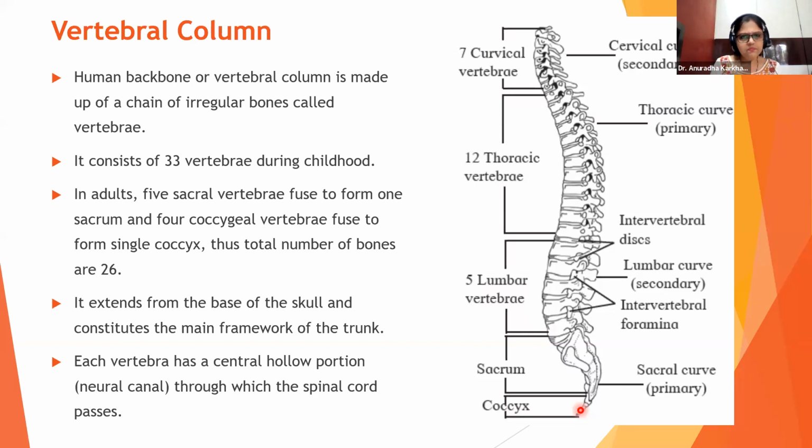Okay? Clear? Thoracic vertebrae. Above that, the neck region is cervical vertebrae. Below that, where the ribs end, the part below is 5 lumbar vertebrae. Then we have 5 sacral vertebrae fused together to form 1 sacrum, and 4 coccygeal vertebrae fused to form 1 coccyx.